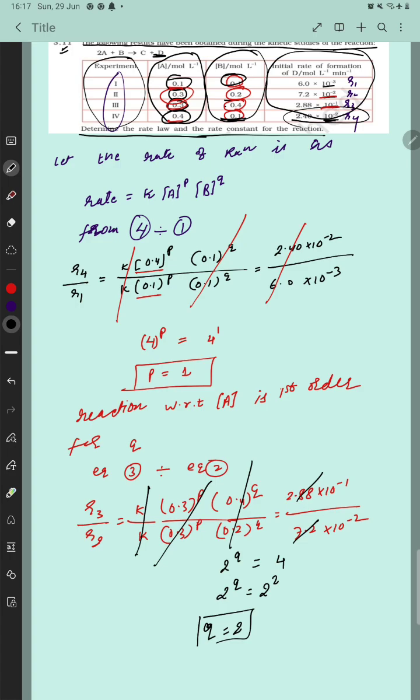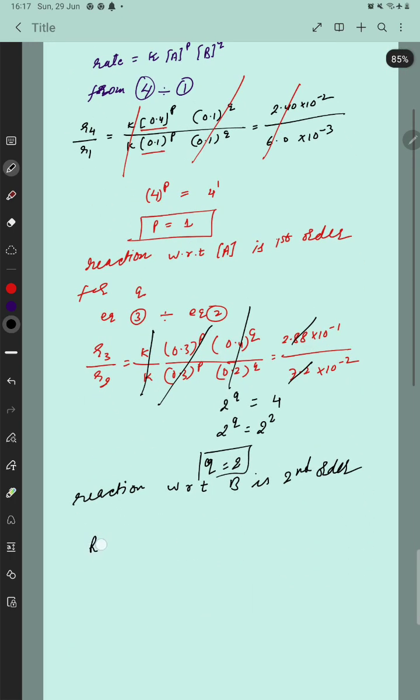So the reaction with respect to B is second order. So how can we write the rate? Rate is equal to K, A power 1 and B power 2.